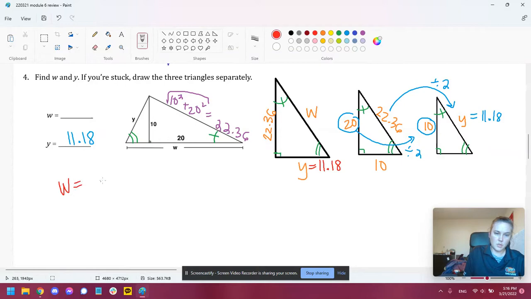So W equals the square root of 22.36 squared plus 11.18 squared, all square rooted.